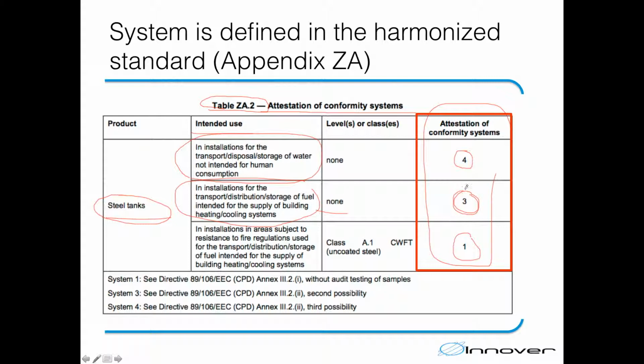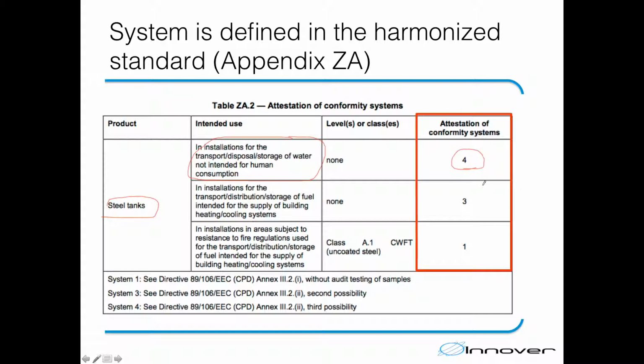So you cannot determine all the characteristics by yourself. And system 1 you would have to use where there are fire regulations in place. In this case, if we decide that our steel tank's intended use is just the storage of water that is not intended for human consumption, we would use system 4 to CE mark our product.